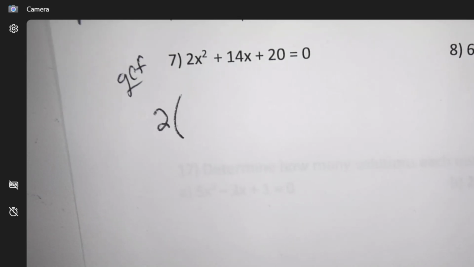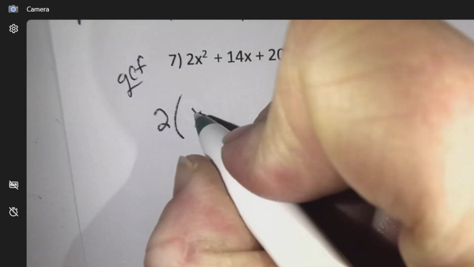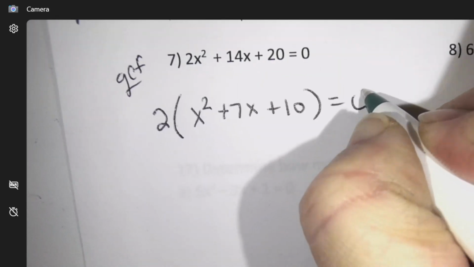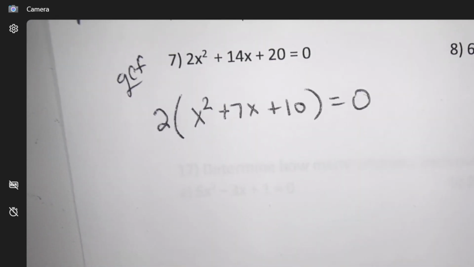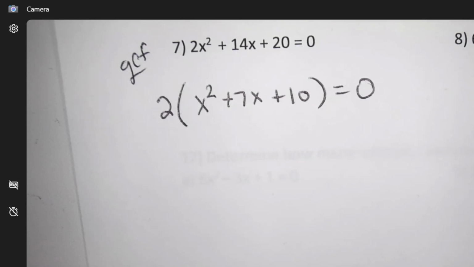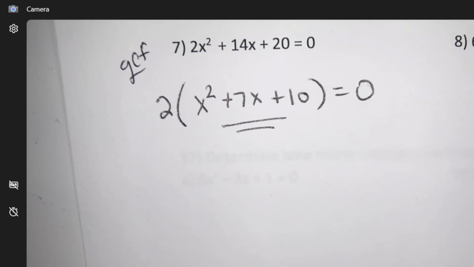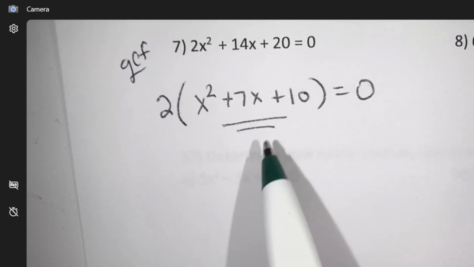So if you can look for a GCF first, then you should go for that one. So x squared, 7x, and a 10. Okay, this becomes way easier now because it's a simple trinomial.